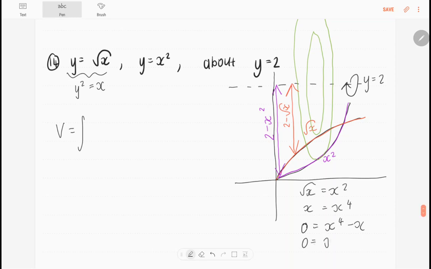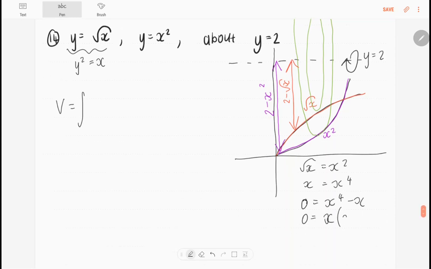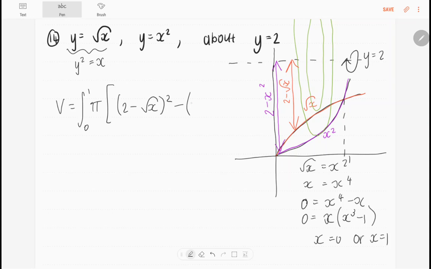So 0 equals x times x cubed minus 1. That means x equals 0 or x equals 1. So we know this value is 1, and we are integrating from 0 to 1. Then we have pi, and then we have our outside radius squared, so it's 2 minus root x squared, minus our inside radius also squared, dx.